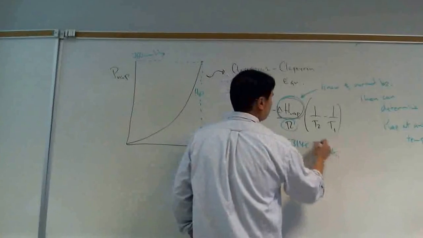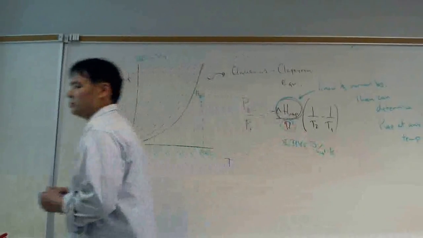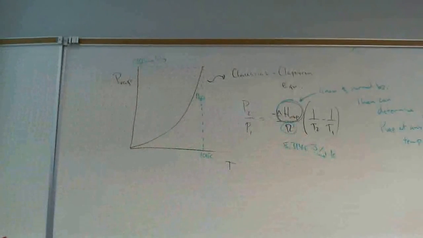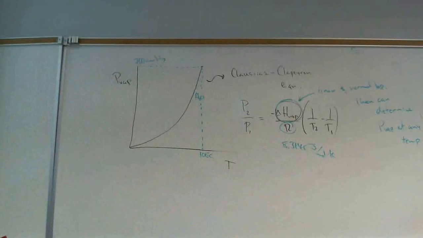I got to make sure the units cancel out, so I got to go from kilojoules to joules for delta H vaporization. So does it look like the Clausius-Clapeyron equation is the way to go? Do you want to plot it out like this, like a vapor pressure curve? No. Do you want to do linear interpolations in a table like this? No. What you want to do is you want to just plug it into this equation here in your book.